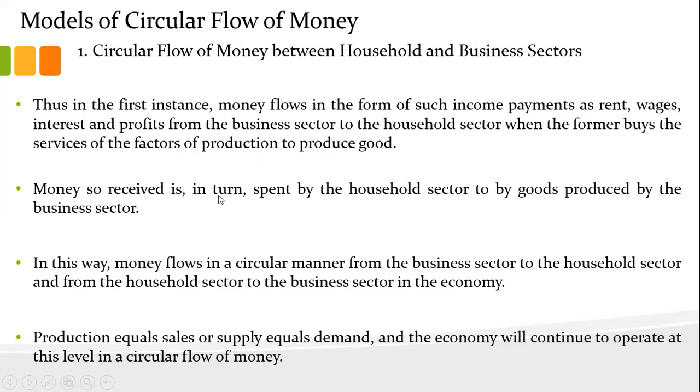Money so received is in turn spent by the household sector by buying goods and services produced by the business sector. In this way, money flows in a circular manner from business sector to household sector, and again from household sector to the business sector. So production equals sale or supply equals demand. And the economy will continue to operate at this level in a circular flow of money.